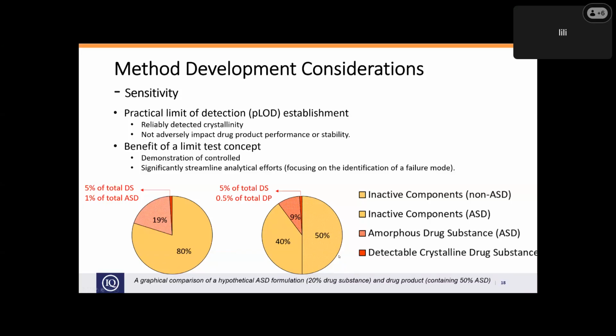So this is something a little unique for the crystallinity method and the expression of crystallinity level that we may need to pay a little more attention to.